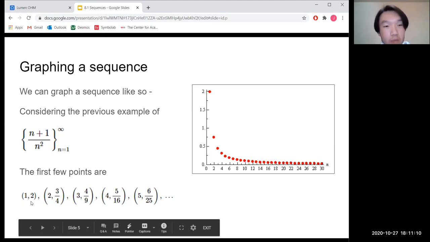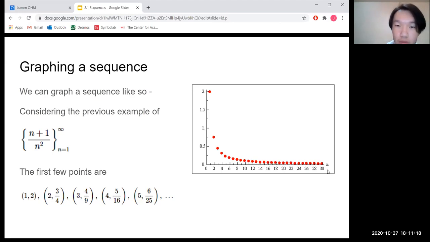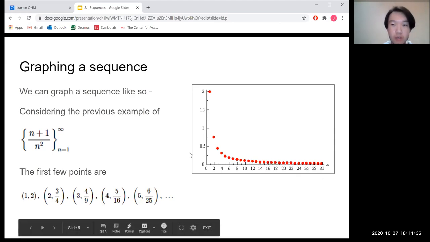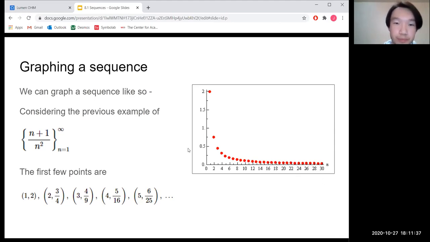And then the second number was 3/4, so that's (2, 3/4). If you have these 5 points, you can graph them on the XY axis, and then you can see the shape of the graph for your sequence. So it's just a bunch of dots. Unlike a function, which is usually a curve, the graph of a sequence is dots.